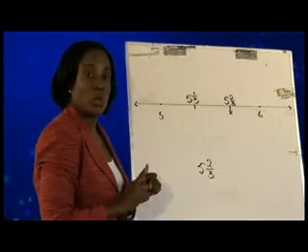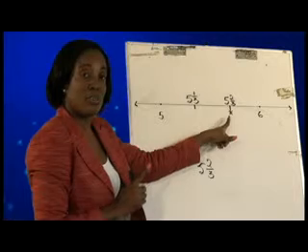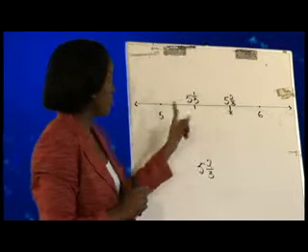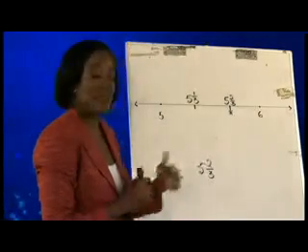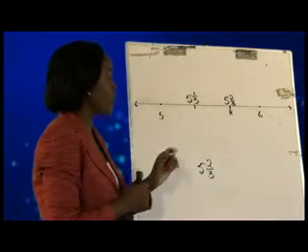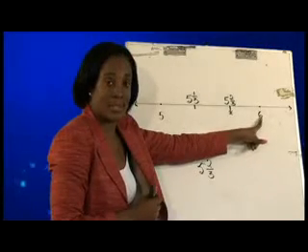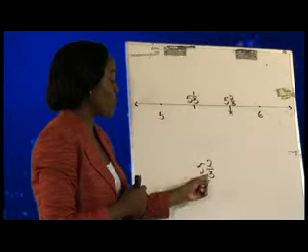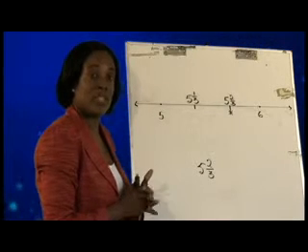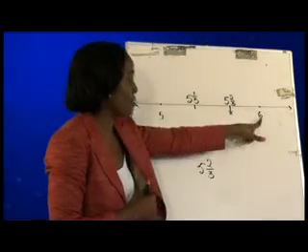Now, when we look at where 5 2/3 lies in relation to the whole numbers 5 and 6, we realize that 5 2/3 is closer to the 6. Therefore, when 5 2/3 is rounded to the nearest whole number, our answer is 6.